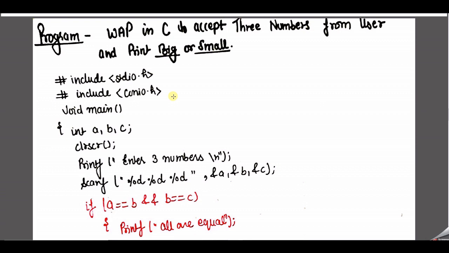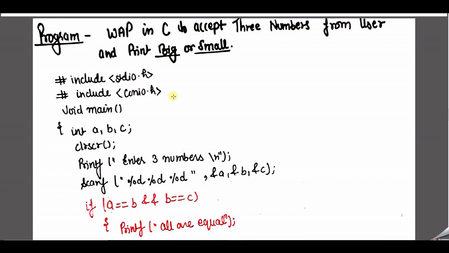As I read in this task, three numbers are accepted from the user, so the user can randomly give us any kind of number. So we need to check which one is the biggest and which one is the smallest.